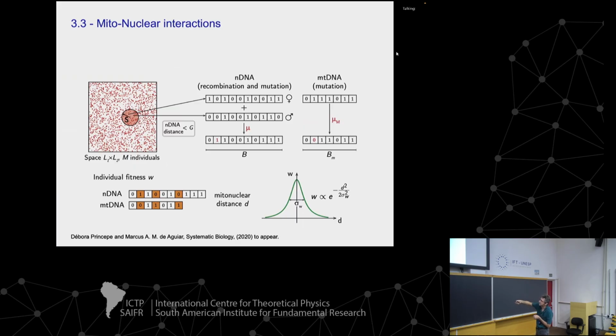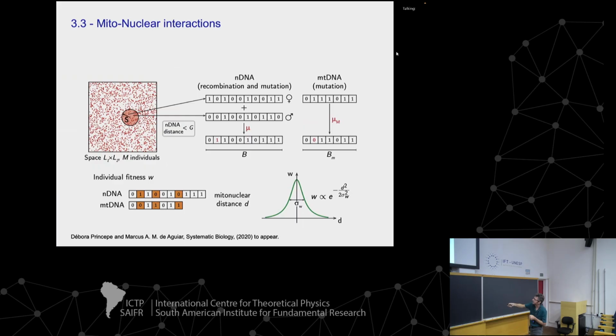If they are, for instance, we say that when they have the 0, 0, 1, and 1, they are okay. If you have a 1 and a 0 here, they are not okay. They are not working in synchrony. So we measure the mitonuclear distance and associate a fitness with that. So if the mitonuclear distance is 0, you have high fitness. If you have lots of divergence, you have low fitness.